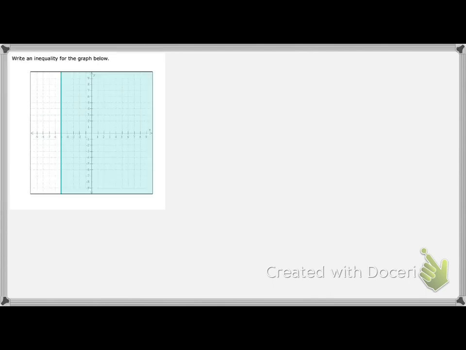And let's just look at one more. Here is again a vertical or horizontal line that students sometimes have trouble with. We saw in the previous one that the vertical line was x. So in this case, I've got x, and where's that happening? At -5.